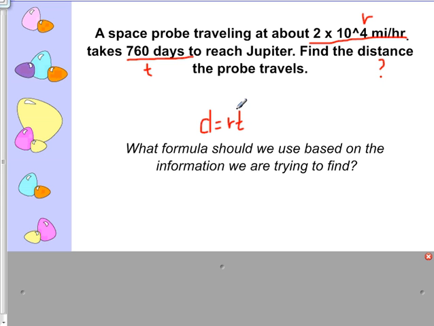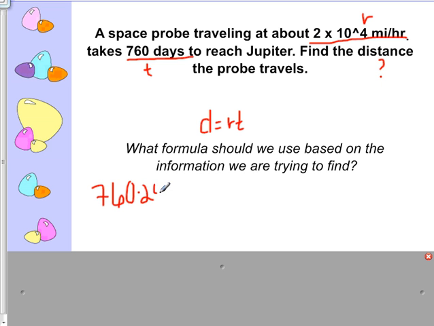All right, so before we even start plugging things in, there's one thing we do need to notice. If you haven't already caught this, you probably will now. If you notice, our time is in days, but our rate is in hours. So we actually need to convert our days to hours. So first, before we even plug things into our equation, we're going to say 760 times 24.